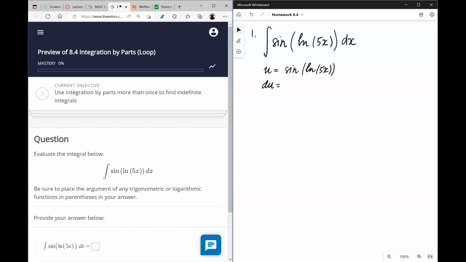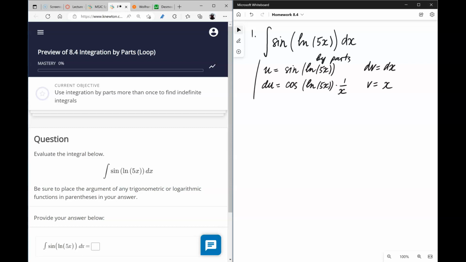Then du will be the cosine of ln of 5x times the derivative of ln of 5x, which is the reciprocal of 5x, times the derivative of 5x, which is 5, so these 5's cancel each other. So the final answer is just times 1 over x. Now dv is just dx, and then v is going to be just x.